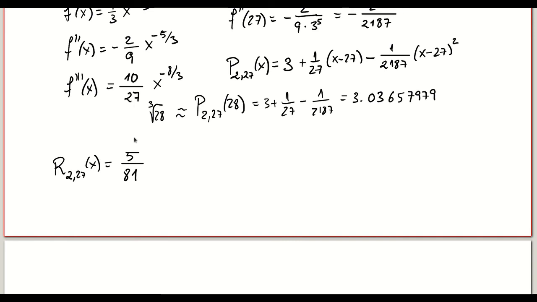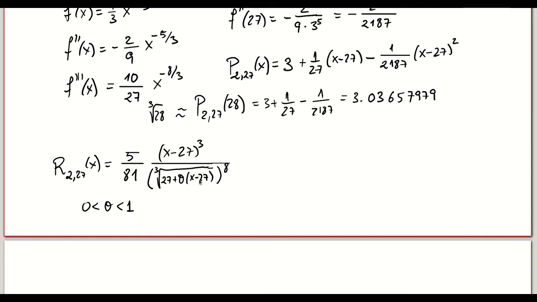And then we have, of course, (x minus 27) to the power 3 as a multiplicative factor, and then we have to divide by this, evaluated at an intermediate point. So that is the 8th power of the cubic root of 27 plus theta times (x minus 27). There you go. And theta is an unknown number between 0 and 1. So this number is between 27 and 28.